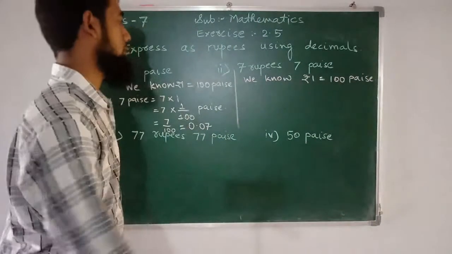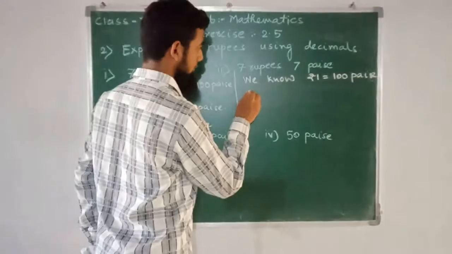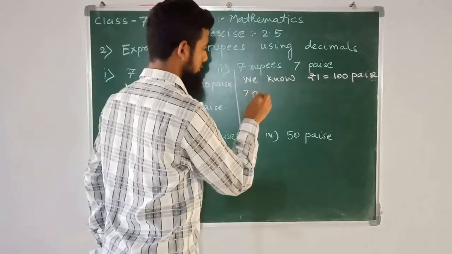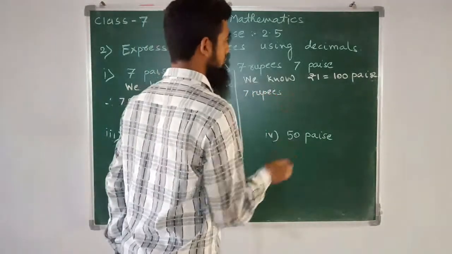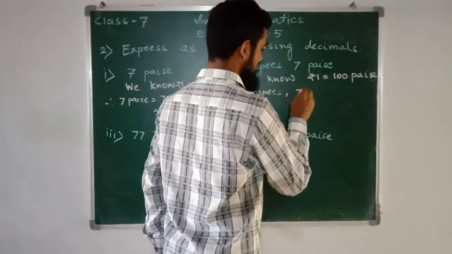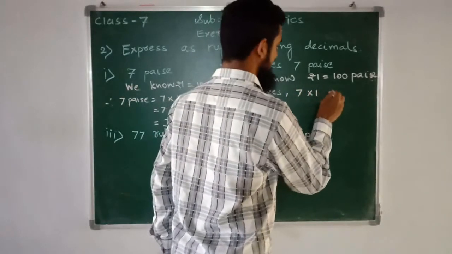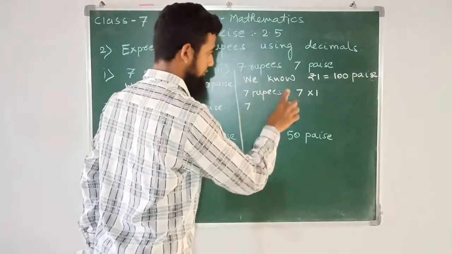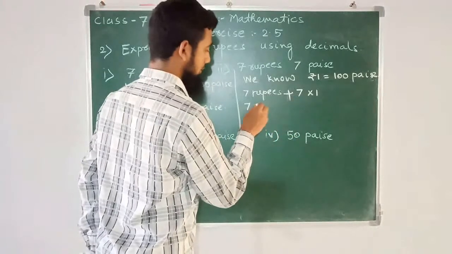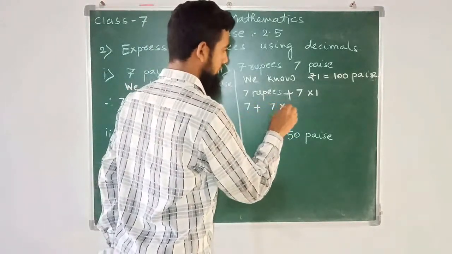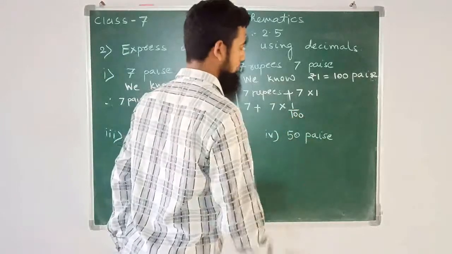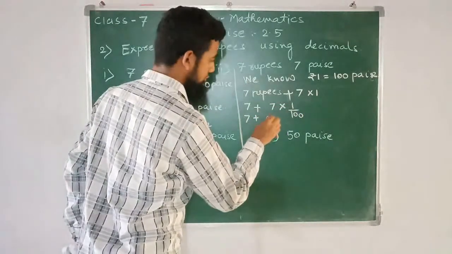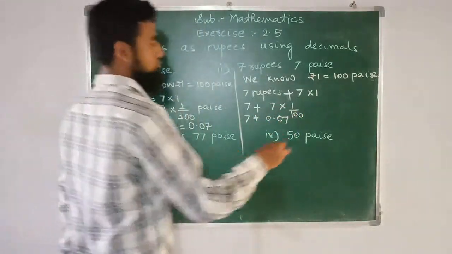Okay, so here 7 rupees as it is, there is no need to convert 7 rupees, but 7 paisa is 7 multiplied by 1. Okay, so 7 rupees, it means plus 7 multiplied by 1, so 7 plus 7 multiplied by 1 upon 100. Okay, so 7 plus 0.07.